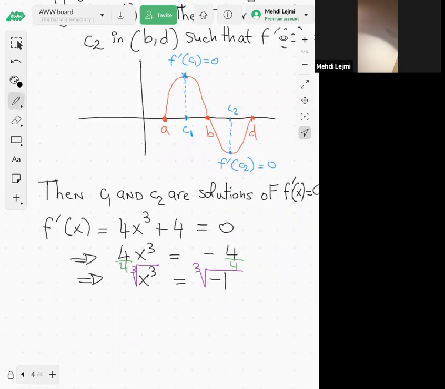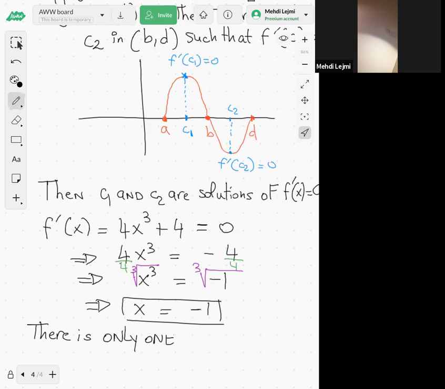The third root of negative 1 is negative 1, so x is negative 1. So what I'm saying here, guys, is that there is exactly one solution of f prime of x equal to 0.